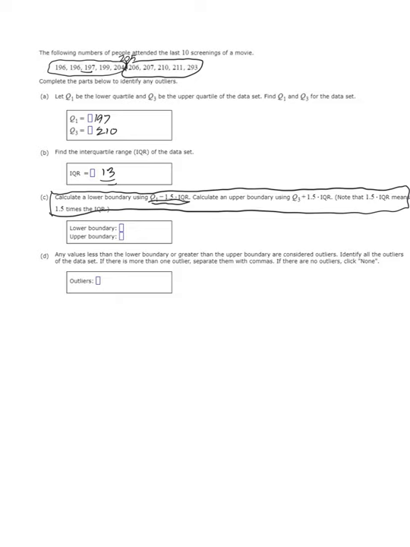So in other words, I'm going to say 197 minus 1.5 times 13 is going to be my lower bound. All right, so I got 197 minus 1.5 times 13, and that gives me 177.5 is what would go here.